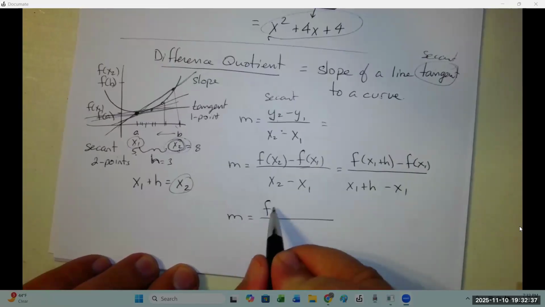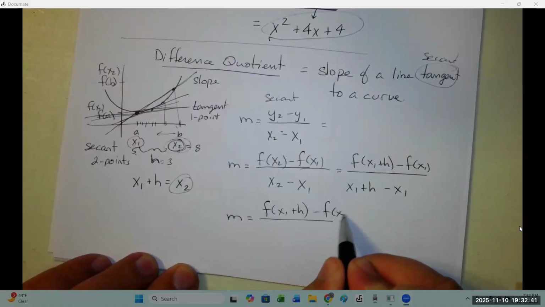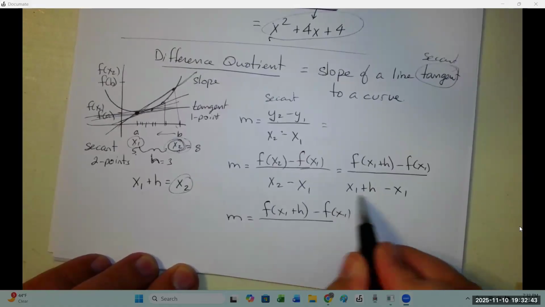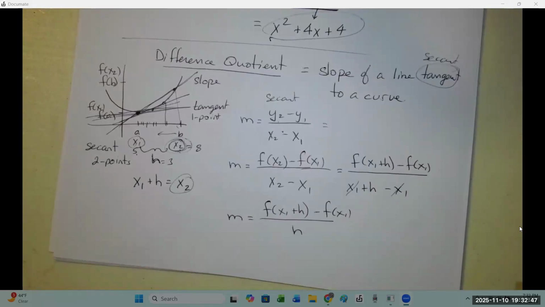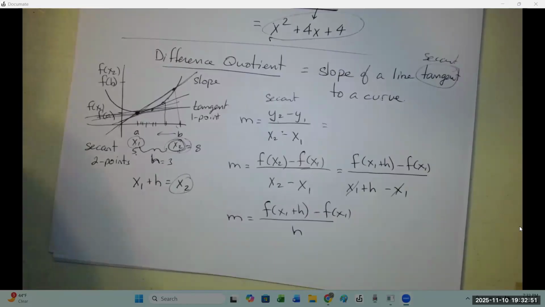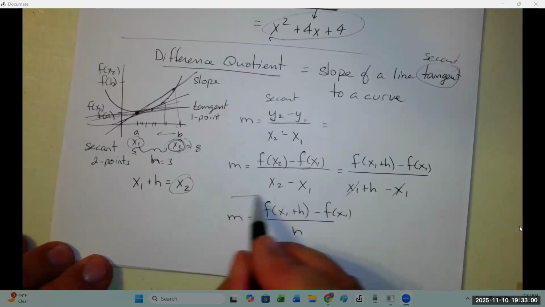On top, we have f of x1 plus h minus f of x1. On the bottom, x1 minus x1, x1 cancels. So now we have our equation for what's called the difference quotient. The difference quotient is this.